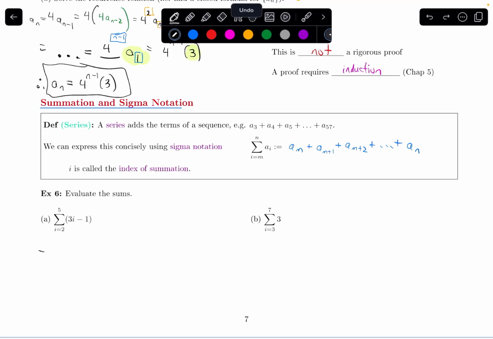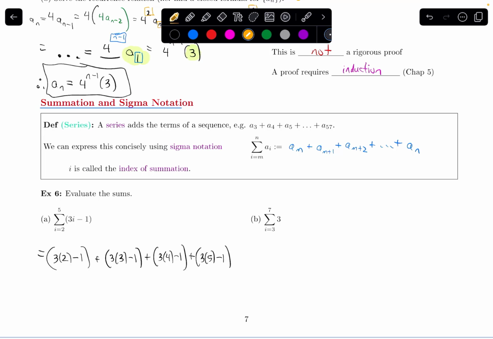So I get 3 times 2 minus 1. Then I plug in the next value up for i, so plus 3 times 3 minus 1. Then 3 times 4 minus 1. And if I plug in 5, I'll get 3 times 5 minus 1.